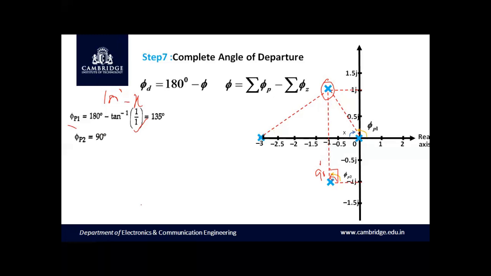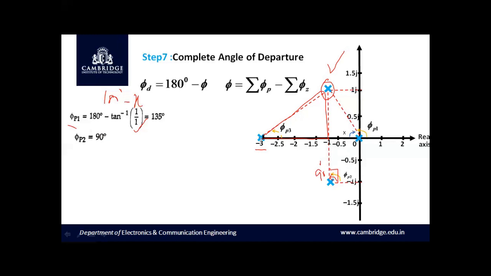Finally, we have to calculate phi p3, that is the angle of contribution for the pole at s equal to minus 3 towards the complex pole under consideration. To calculate this phi p3 angle, let us take this right angle triangle. The formula to calculate the angle is tan inverse of opposite side by adjacent side.